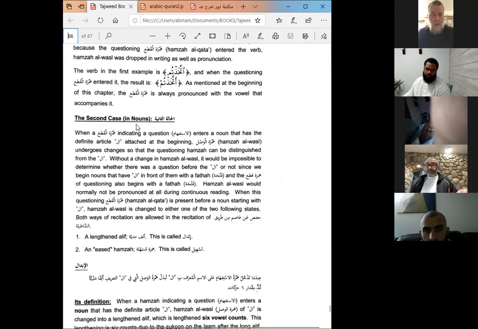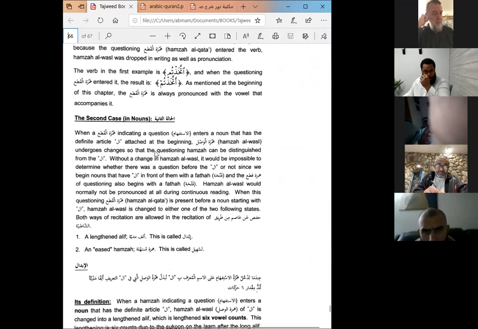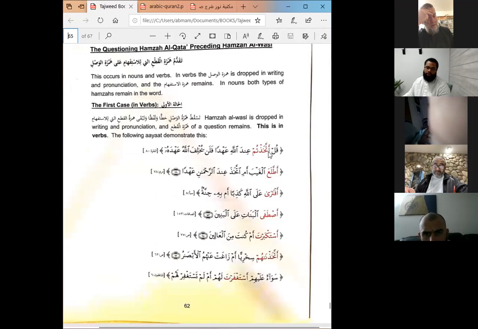Second case is in nouns. When Hamzatul Qata, indicating a question istifham, enters a noun that has the definite article al attached at the beginning, Hamzatul Wasl undergoes changes so that the questioning Hamza can be distinguished from the al. So in the first case, Hamzatul Wasl would have had a kasra.